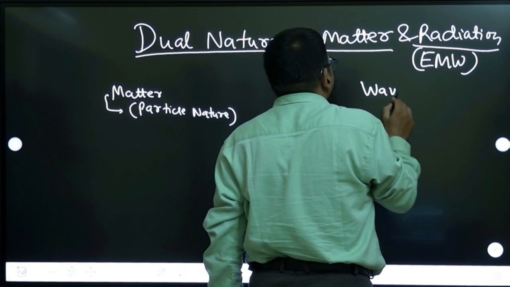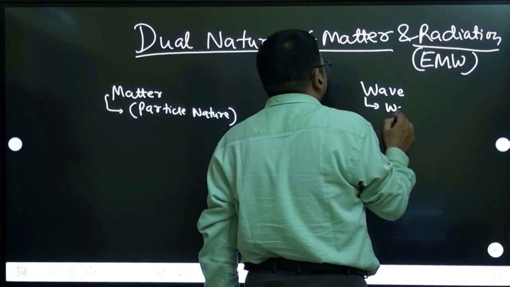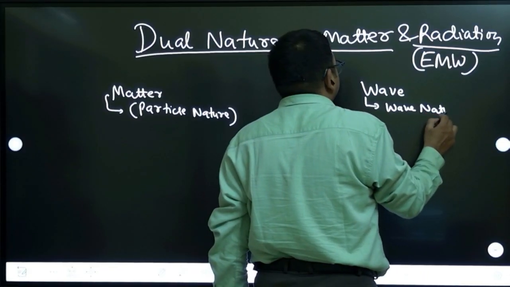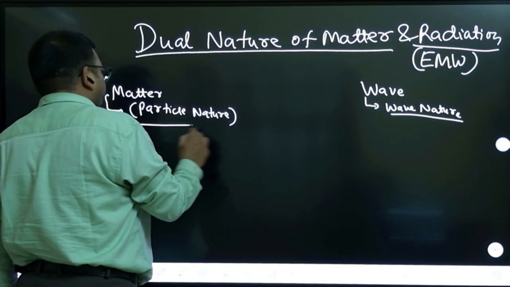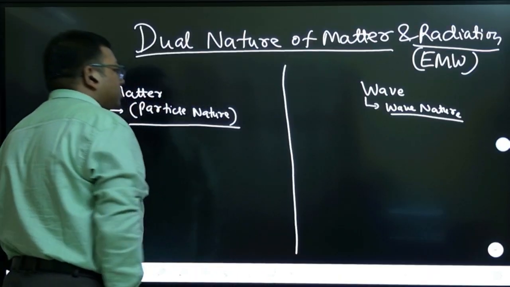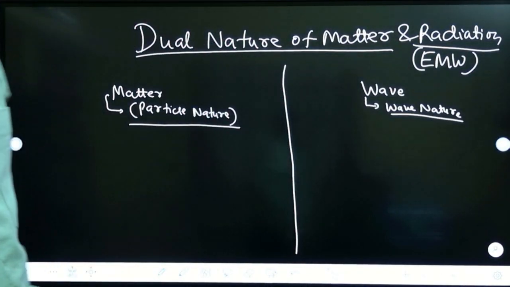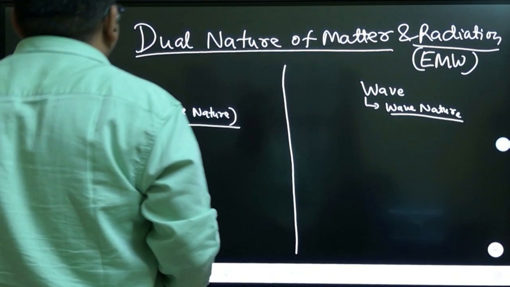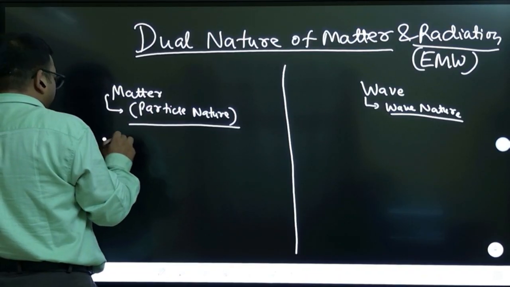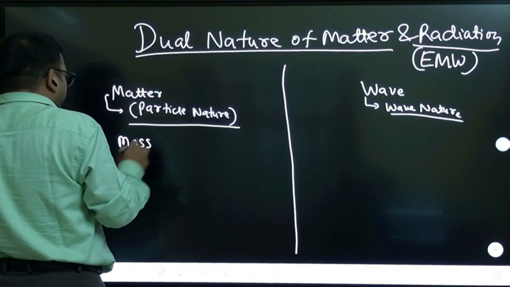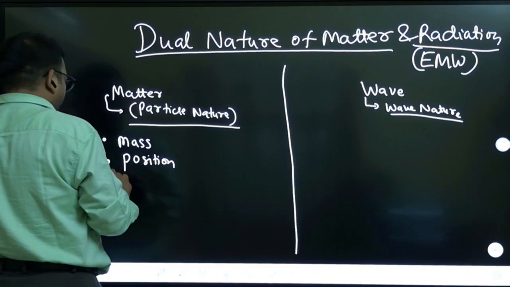And wave means wave has a particular kind of nature, that is called wave nature. So let us first understand what is meant by particle nature and wave nature. These two types of nature we have to understand, because in this chapter we will be seeing that light has these two kinds of nature. So particle nature means what? Particle nature means it will have mass, position, and momentum.